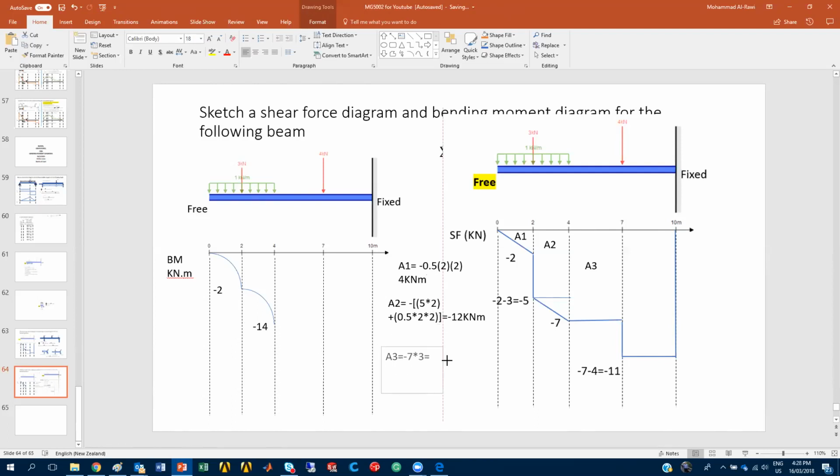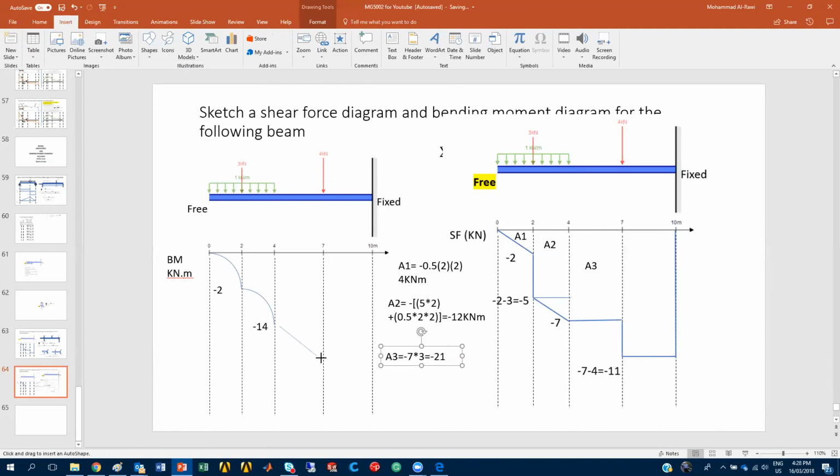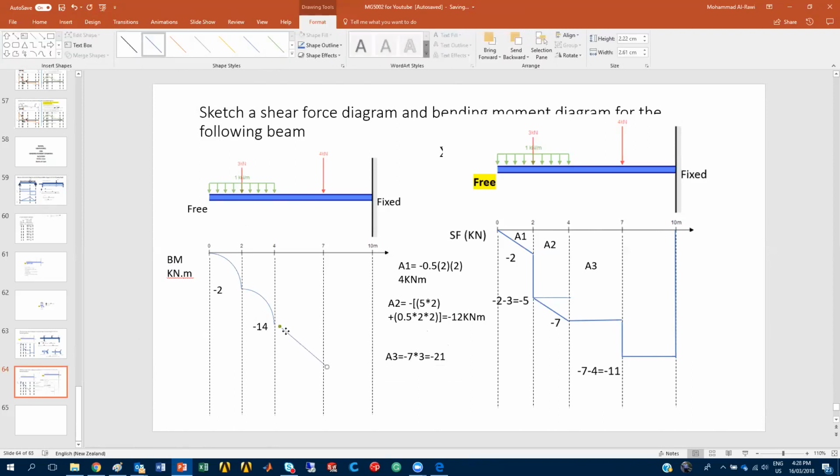Can you find me the area 3 is equal to what? Area 3 is minus 21. And then when you add minus 21, you add them, and the line will be a slope going in that direction.